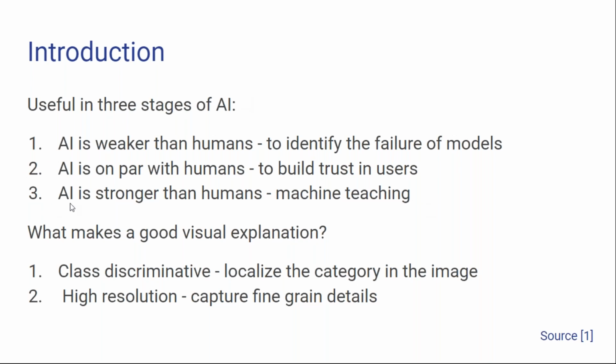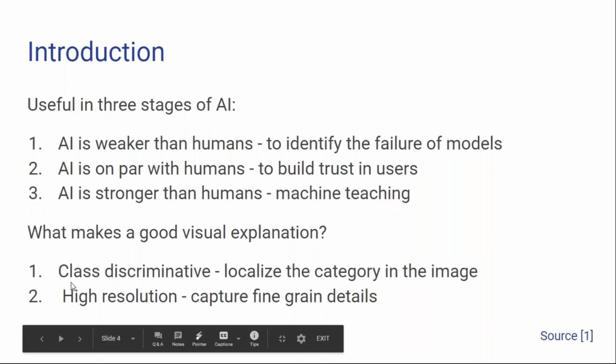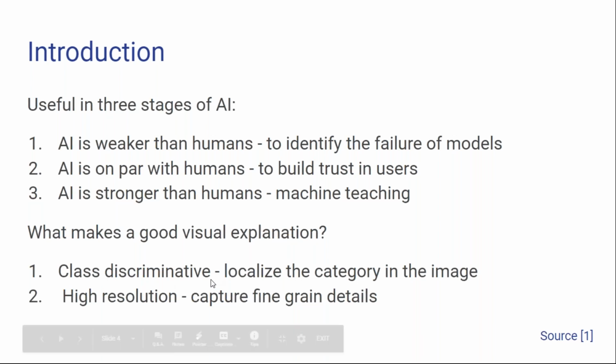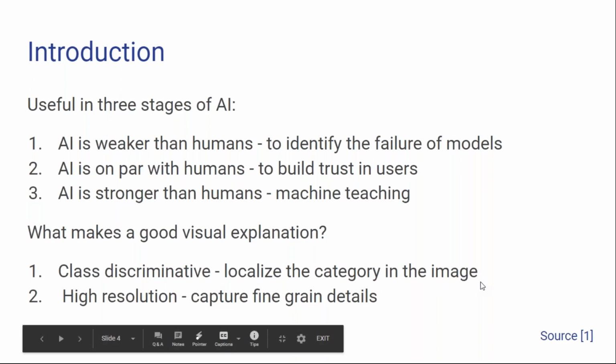And what makes a good visual explanation actually? When you develop interpretation for any CNN based models, it should have two distinct features. One, it should be class discriminative, which means that it should be able to localize the category in the image.